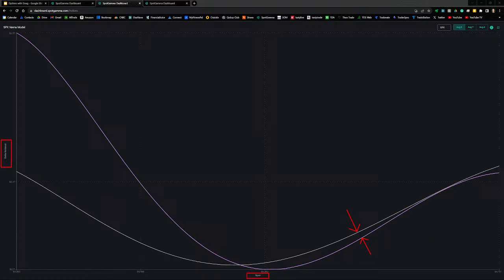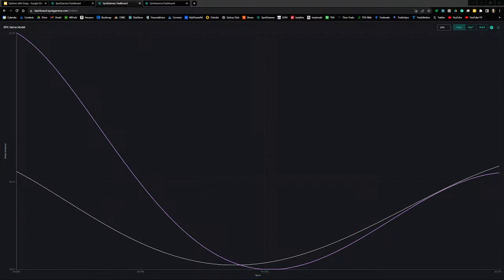So what this chart is showing is if price decreases, market makers will need to sell futures to hedge their delta exposure. Their delta exposure increases, they want to remain delta neutral, so they have to sell futures. And then on the other hand, if price increases and implied volatility drops, they can buy back their short futures.